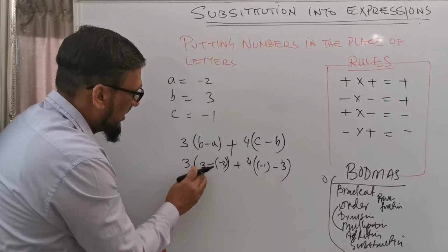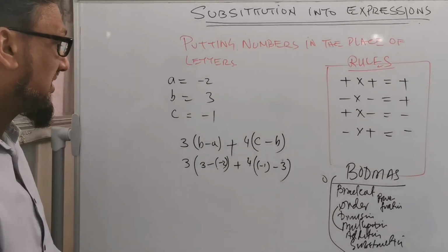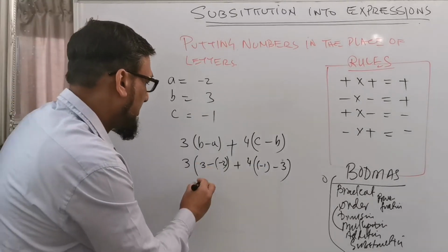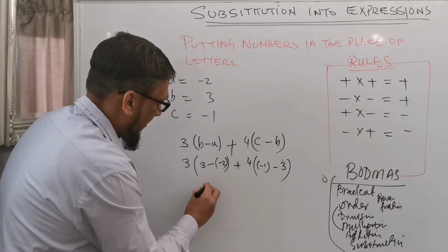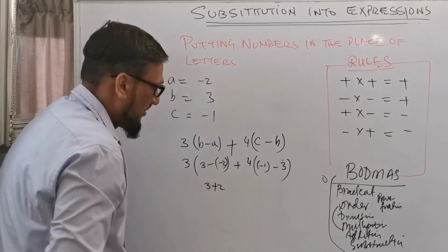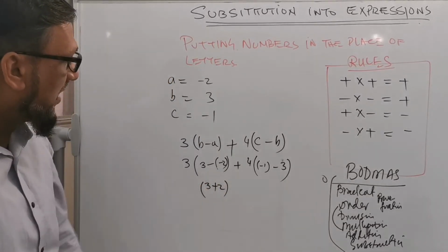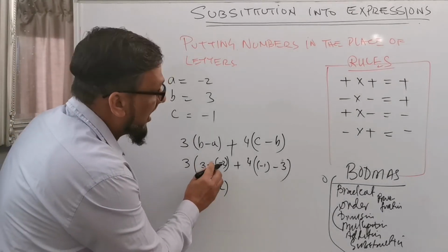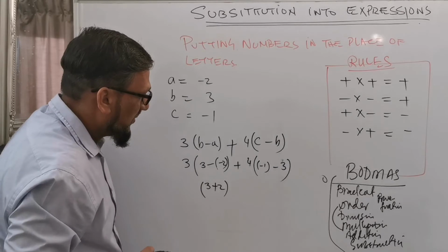So 3 minus, multiply minus, which is plus. This is 3 plus 2, because this minus times minus, the sign is converted to plus.